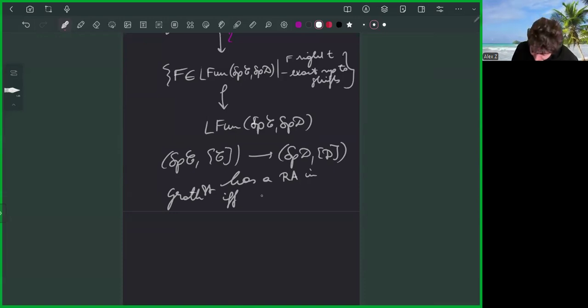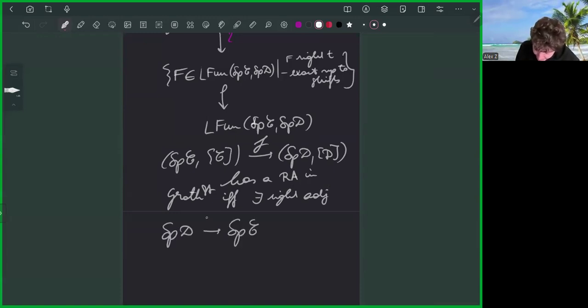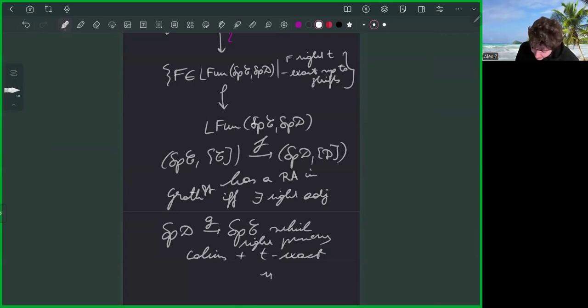So let's call this F, and F is a functor from SPC to SPD. The statement is there should exist a right adjoint from SPD to SPC, which preserves colimits plus t-exact, so right t-exact up to shifts.